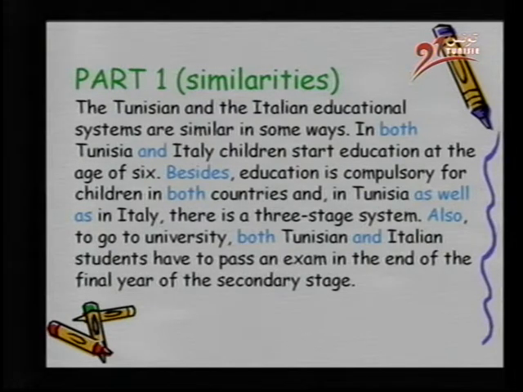And in Tunisia, as well as in Italy, there is a 3-stage system. Also, to go to university, both Tunisian and Italian students have to pass an exam at the end of the final year of the secondary stage.